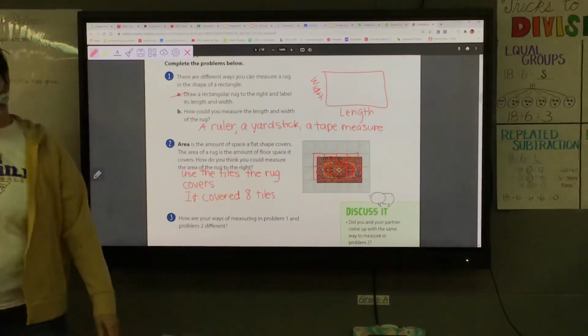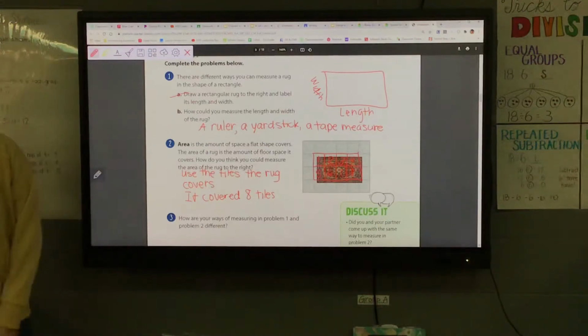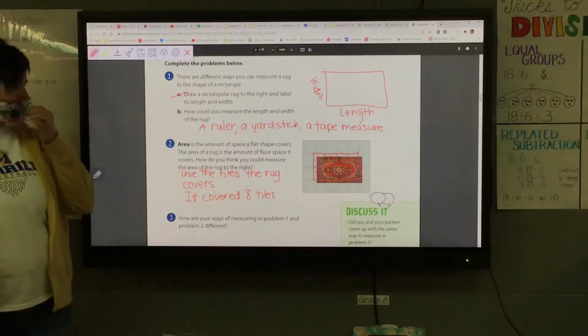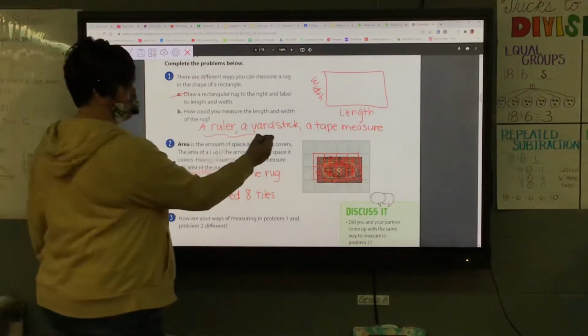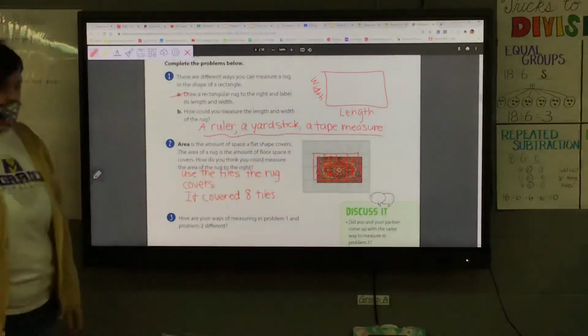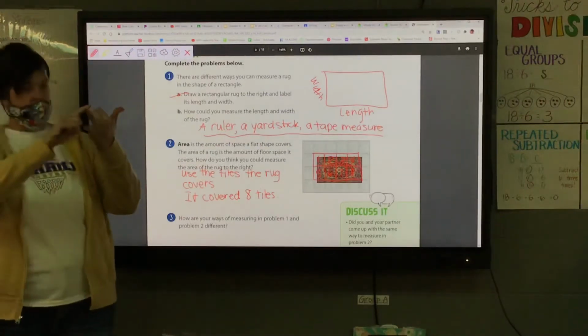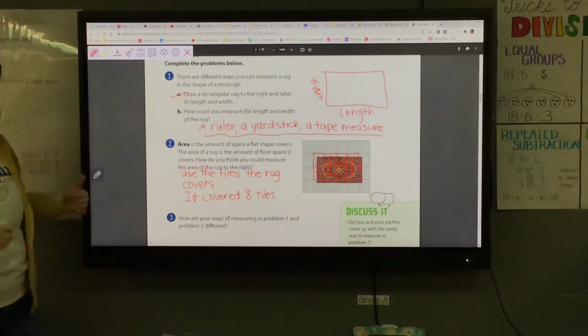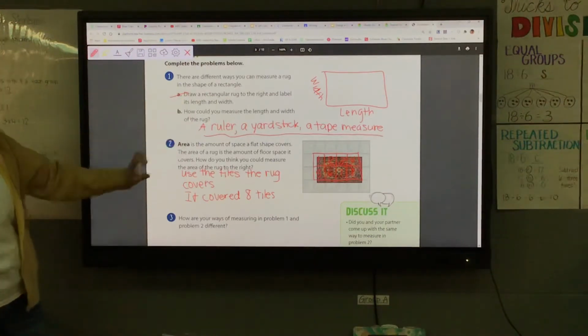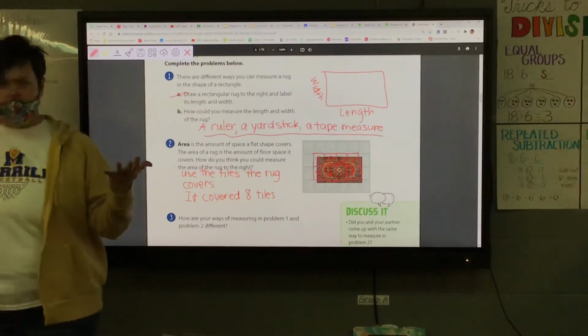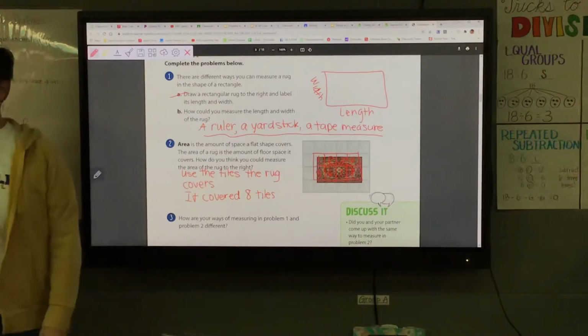All right, now look down at 3. How are your ways of measuring in problem 1? Do you see the ideas we came up with up here in problem 1? A ruler, a yardstick, a tape measure. How are those ways of measuring different from how we measured in problem 2?